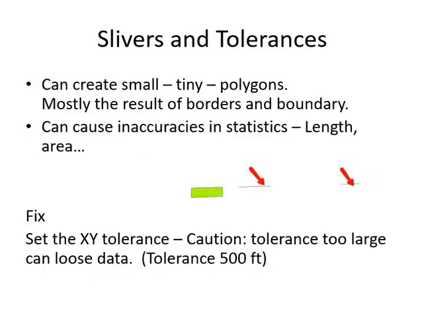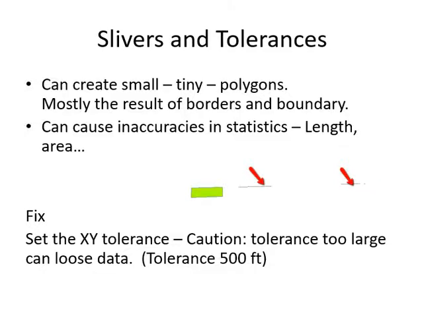So you really want to pay attention and know what your sliver areas are. You can set your XY tolerance so that when you integrate, it doesn't leave slivers. However, you could have such a big tolerance that you actually lose features or parks.